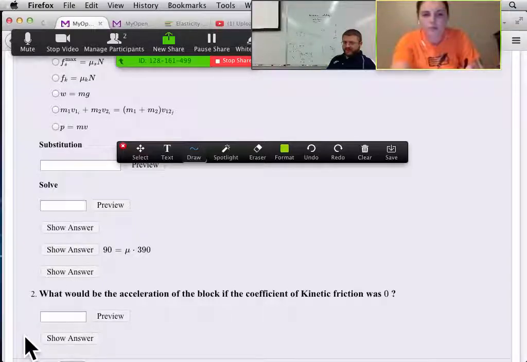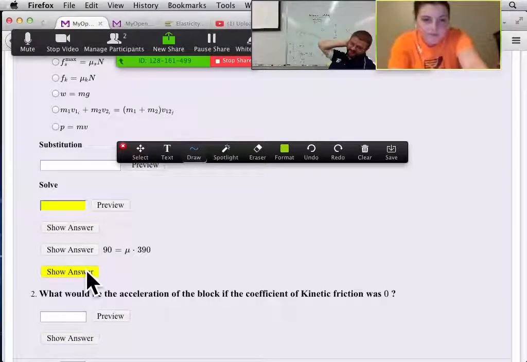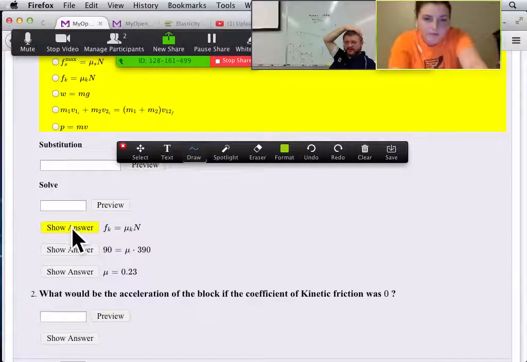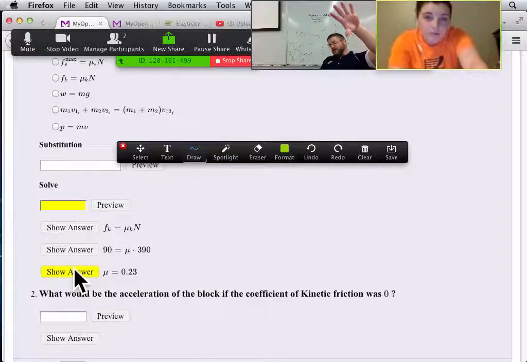So as the formula is in the little checkbox, put everything in that we know, and then solve it for that, saying whatever the coefficient of kinetic friction equals this. Yes. Okay. And then in the solve part, they want you to actually solve that equation and write in the coefficient equals whatever number you get.